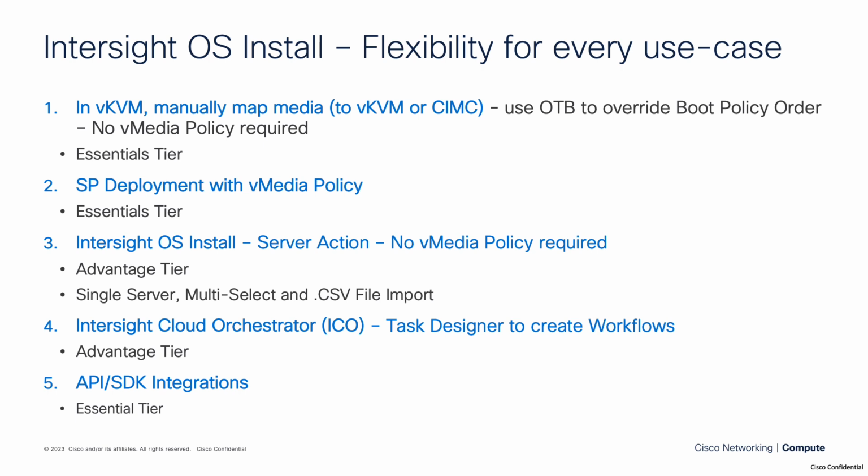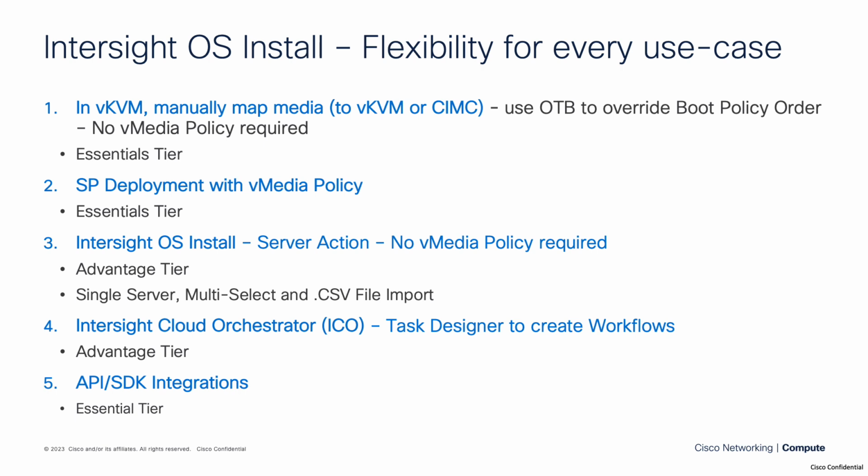What we just talked about is using the actual Intersight OS install capabilities, a server action. No vMedia policy is actually required because it's all being handled by basically the workflow that's being executed. You know, this is an Advantage tier capability for that Intersight OS install because it is workflows.